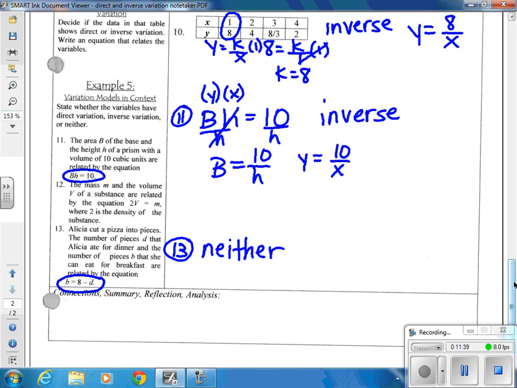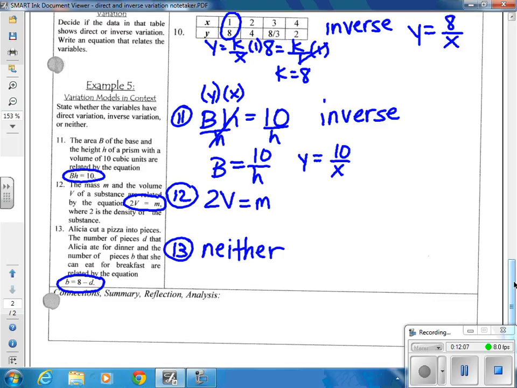Okay, so let's see if we can take number 12 and do the same thing. They gave you the formula of 2V equals M. With that, we need to figure out who is acting as the X and who is acting as the Y. If we look at it, it tells us that they are related together and that the density is twice that of the substance.